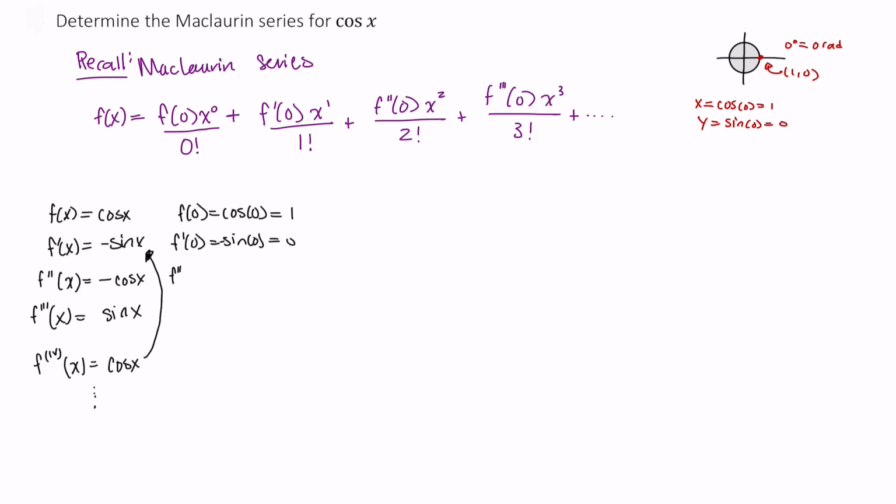Okay, so that tells me that the second derivative, which is negative cosine of 0, is equal to negative 1. The third derivative is going to be 0. And then, of course, the pattern is going to repeat again because the fourth derivative is going to go right back up to cosine.